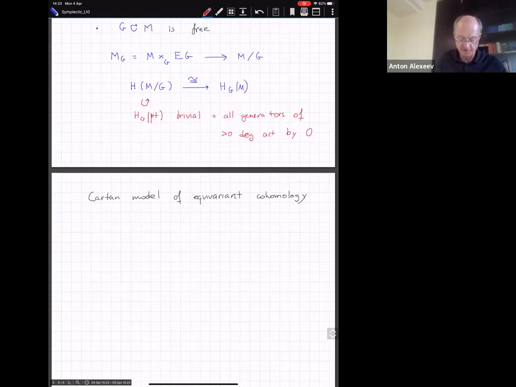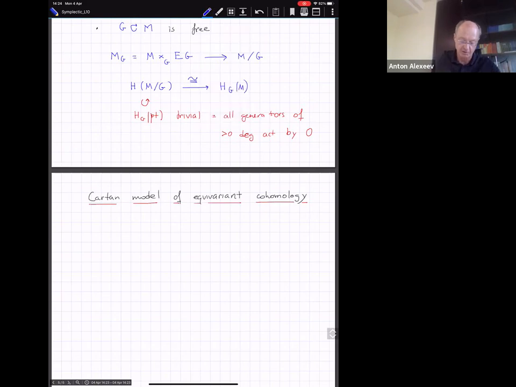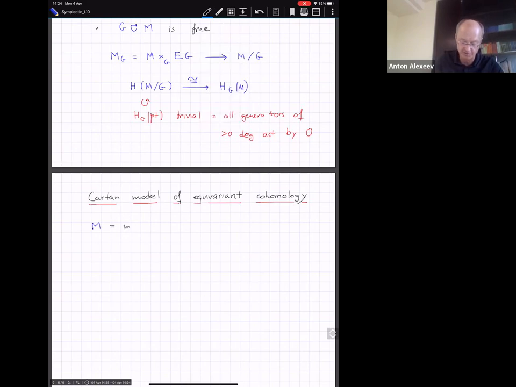And here I will state the main theorem of today's class. It tells you how to compute the equivariant cohomology in some particular situations. So our situation will be as follows. We are now going to assume that M is a manifold.